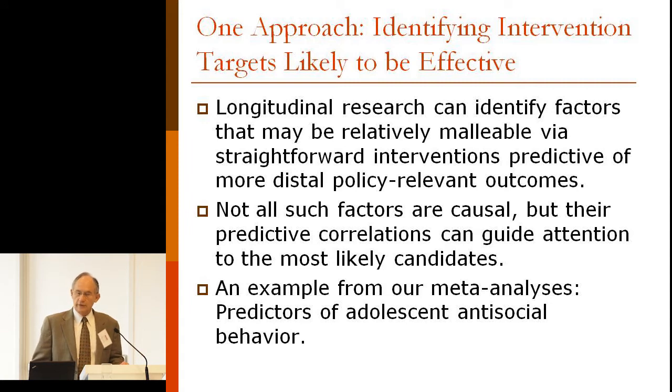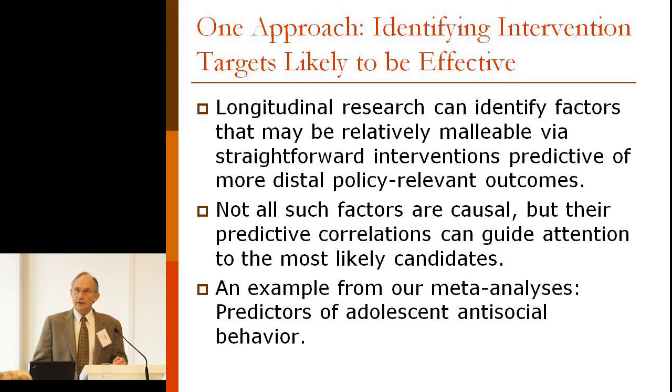So, identifying the intervention targets likely to be effective. Here I think longitudinal research, and there's a great deal of it in many of these areas, is particularly useful because it can identify factors that may be relatively malleable via straightforward interventions and which are predictive of the more distal policy relevant outcomes.